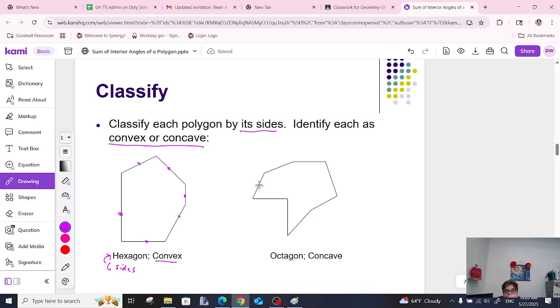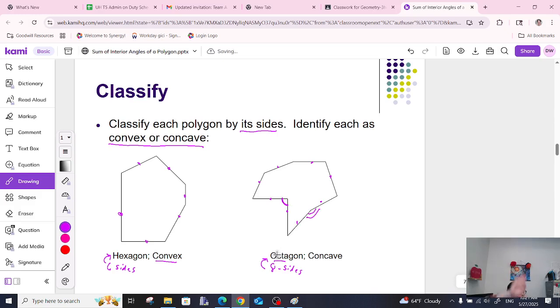Over here, I'd count the number of sides. 1, 2, 3, 4, 5, 6, 7, 8. So that's why it is an octagon, because 8-sided is octagon, like octopus. Octa means 8. And it's concave because see here how it's pushed in? And it's pushed in over here.